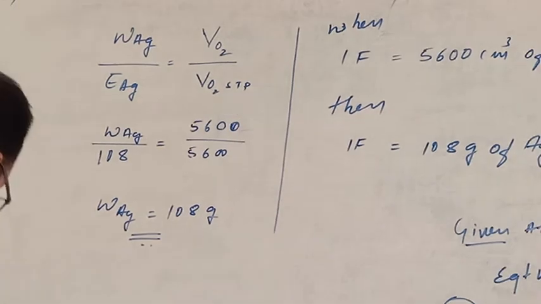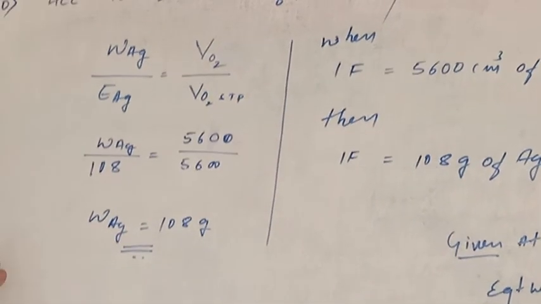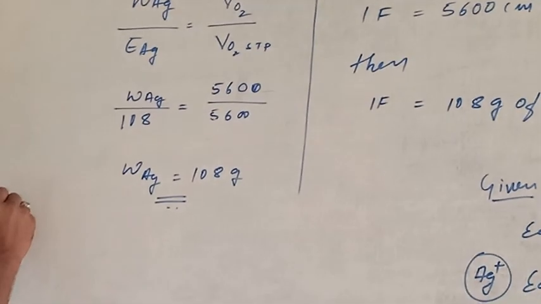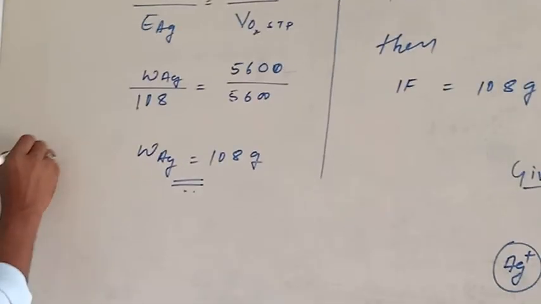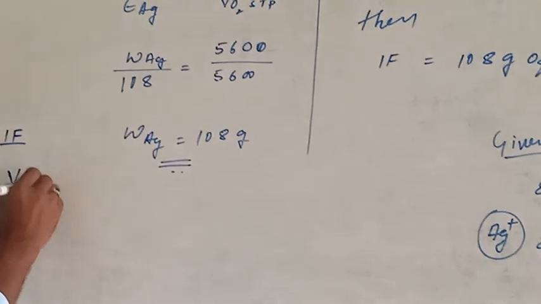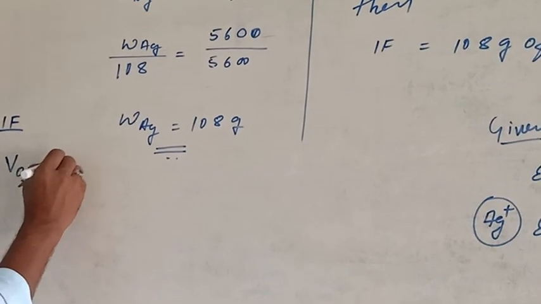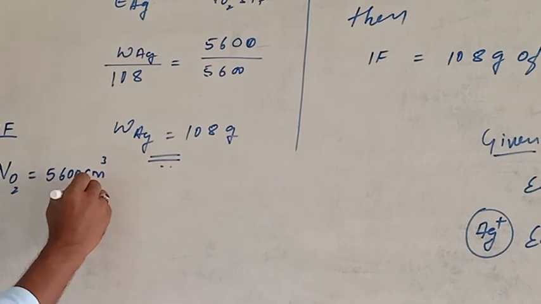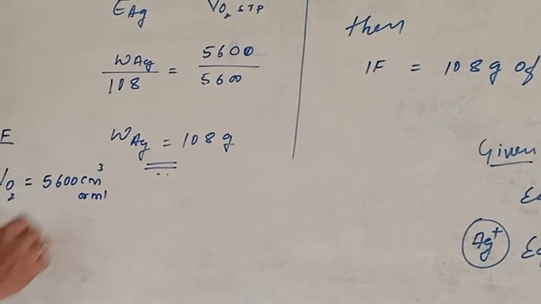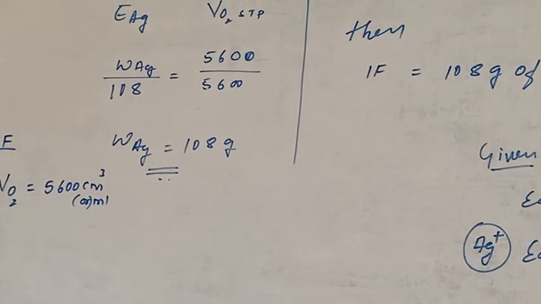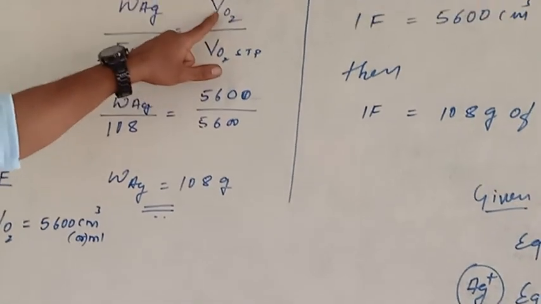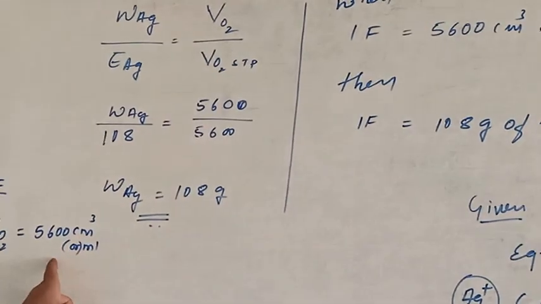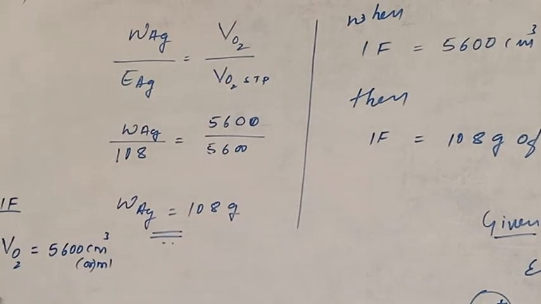Now we know that the volume of oxygen at STP, for the flow of 1 Faraday of current, oxygen gas is always equal to 5600 cm3 or ml.